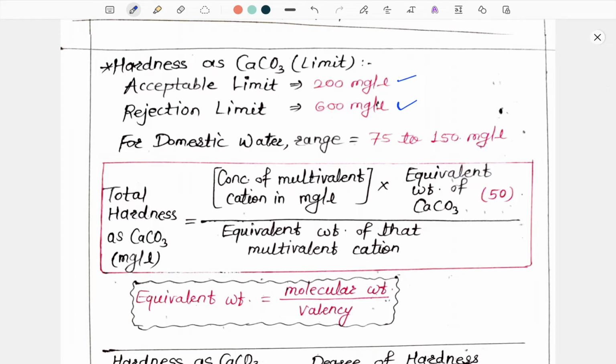For domestic water, the range of hardness is between 75 to 150 mg per liter.